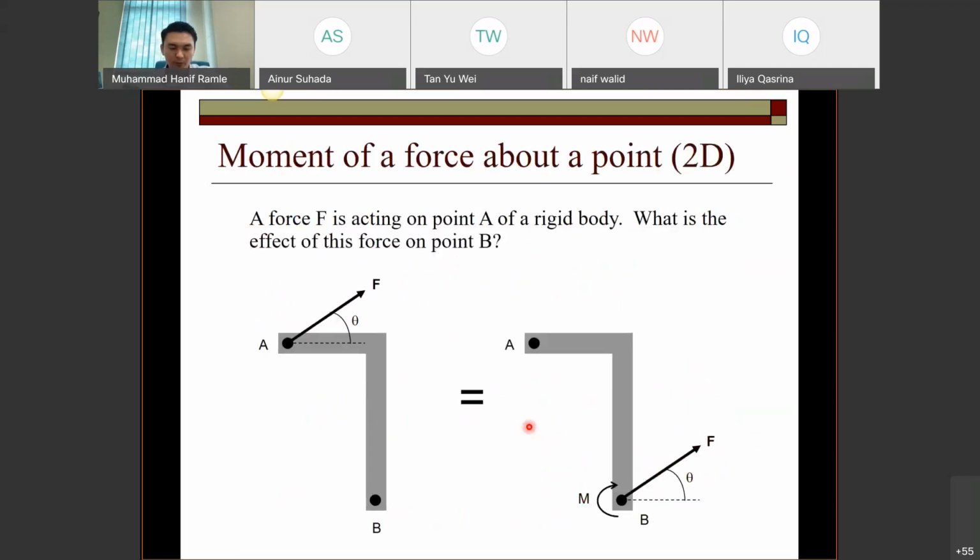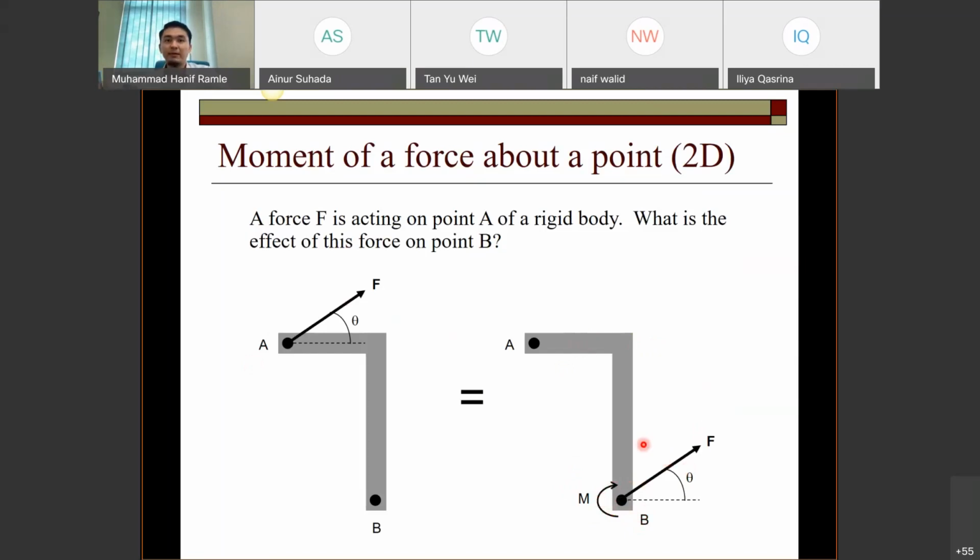From the original rigid body with an external force acting at point A, you can translate using a moment into the second rigid body on your right, with a moment at point B and a force from point B as well.